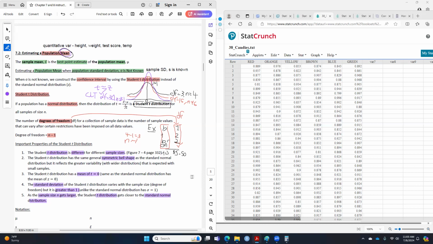That's what the CLT condition says. However, one person developed this new distribution called student t distribution, where you can actually not follow CLT. You can just have a smaller sample size and its accuracy is still okay, not too bad. But once you reach a sample size of 31 or higher, the t distribution gets very, very close to the z.